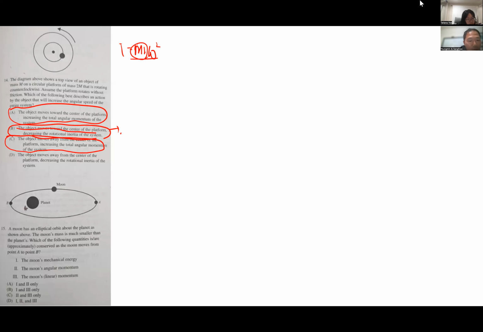Three, the moon's linear momentum. I think A. Okay, that's correct.